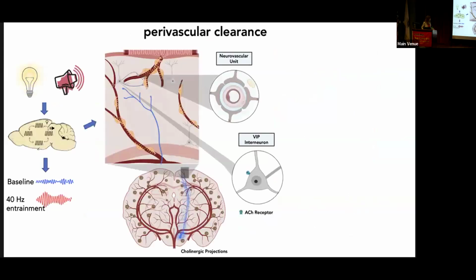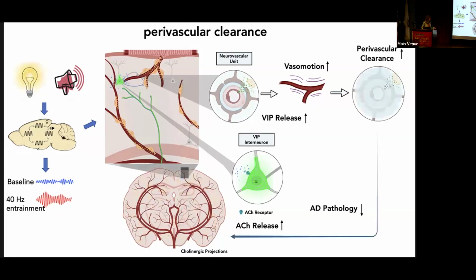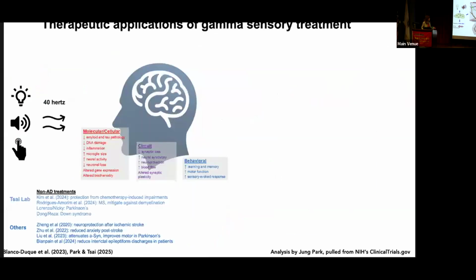So basically, so far we have identified a cascade of events involving multiple different neuromodulatory systems, including neurotransmitters and neuropeptides, underlying sensory stimulation induced neuroprotection.